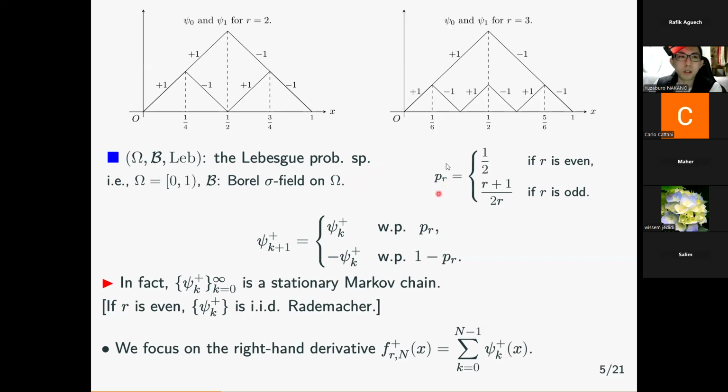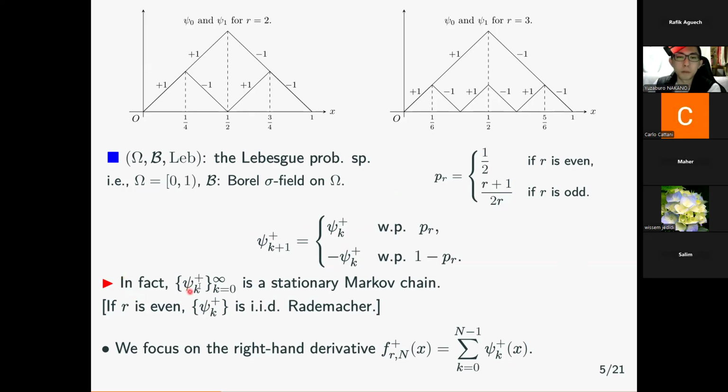Letting p_r be 1/2 if r is even, and (r plus 1) over 2r if r is odd, we can obtain the recursion formula of psi_k plus. That means psi_(k+1) plus equals psi_k plus with probability p_r, and minus psi_k plus with probability 1 minus p_r.